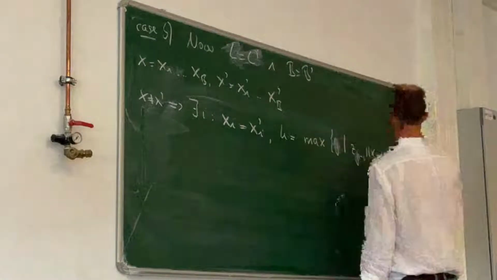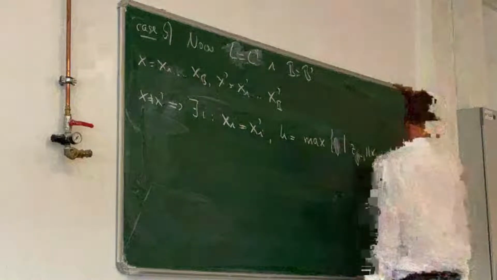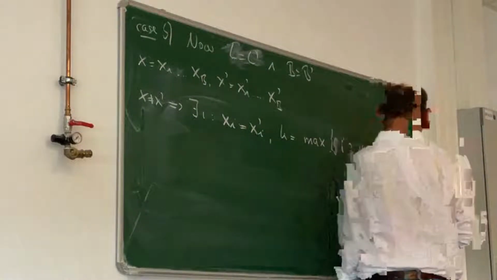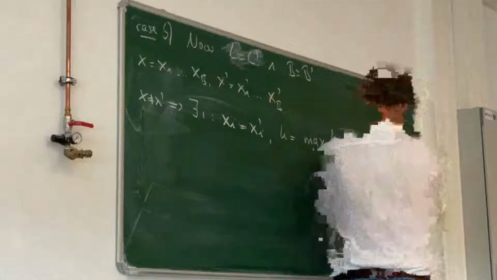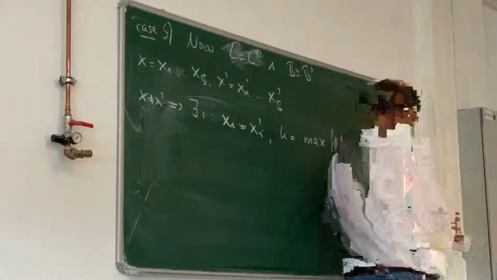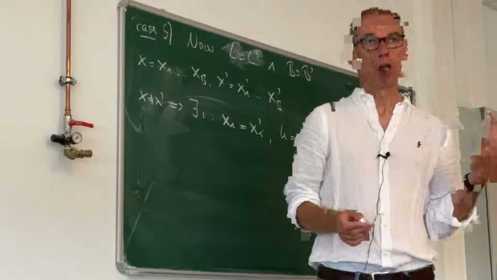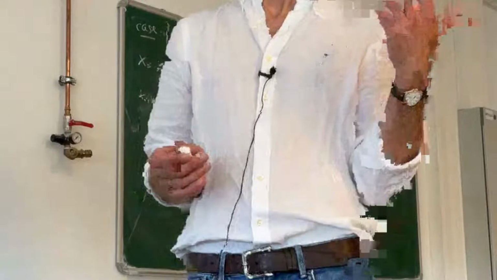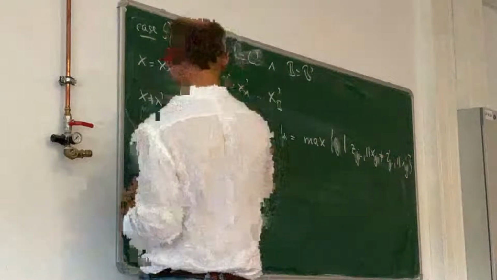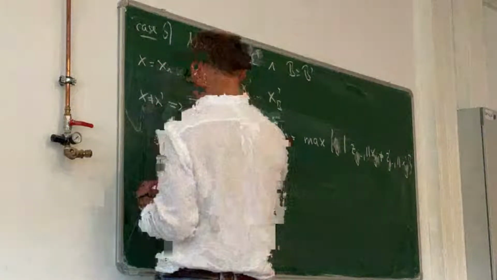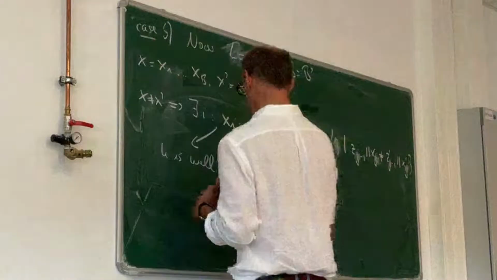Let me just switch this to j, to not confuse you too much. So k is the largest index for which these two blocks are not identical. This implies k is well defined, meaning there is at least one index for which this is true.